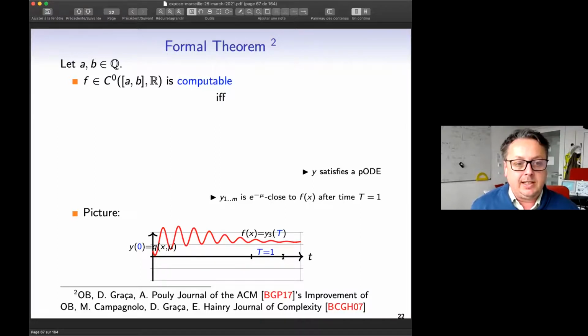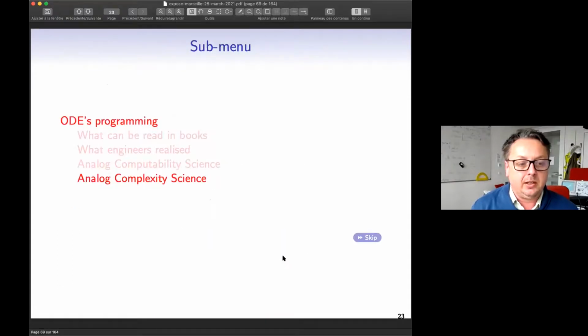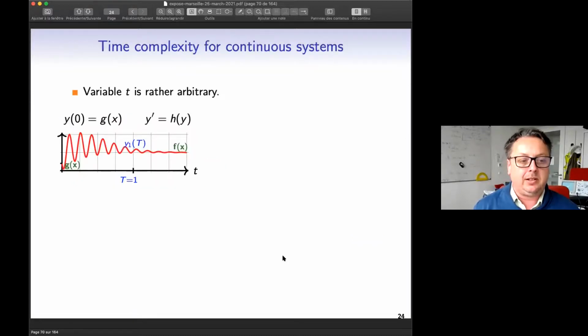So this is the formal theorem that we get. I just wrote it. This is what we obtained something like 10 years ago.